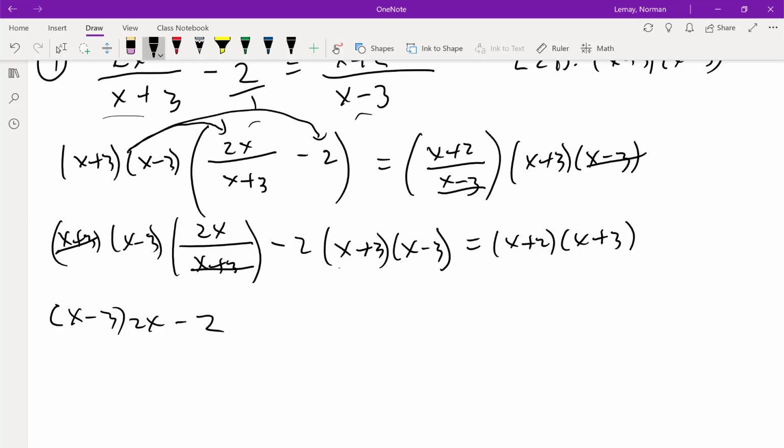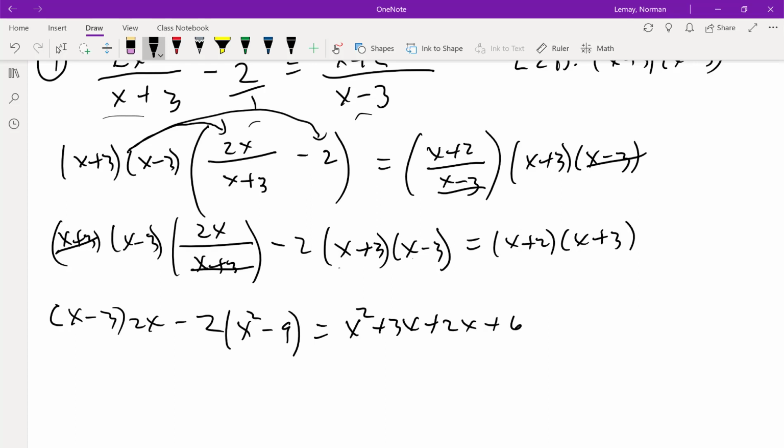Do we see we have this special type of binomials, x plus 3, x minus 3? If you FOIL this out, you get x squared minus 3x plus 3x, those drop out, so we get x squared minus 9, okay, equals, and over here FOILing, we get x squared plus 3x plus 2x plus 6.